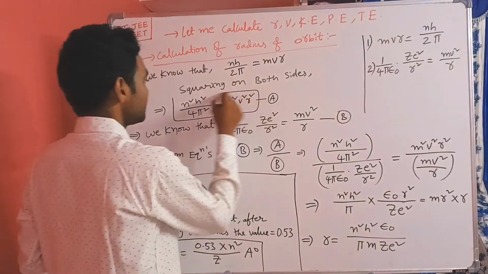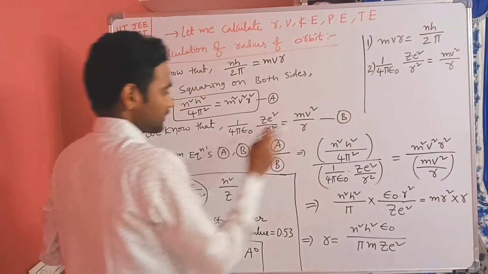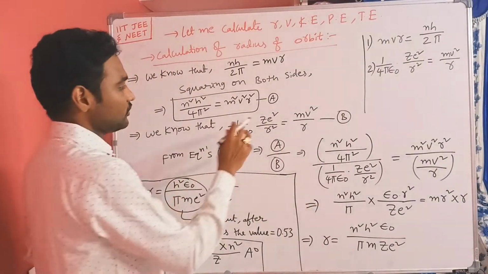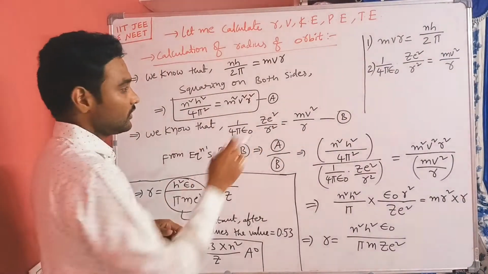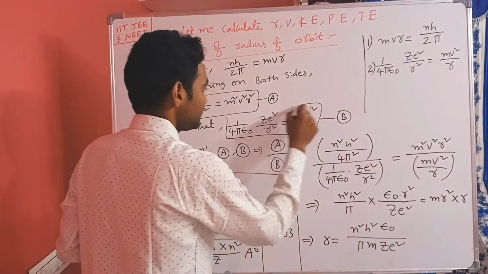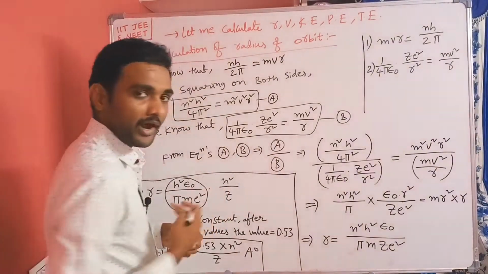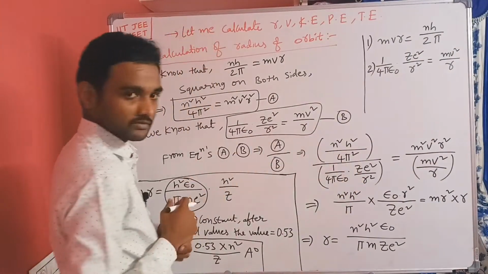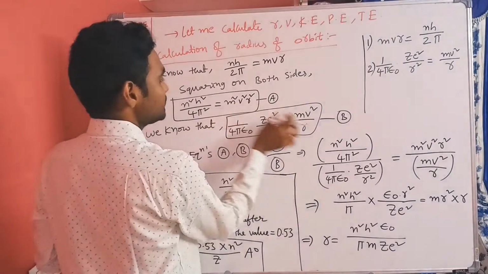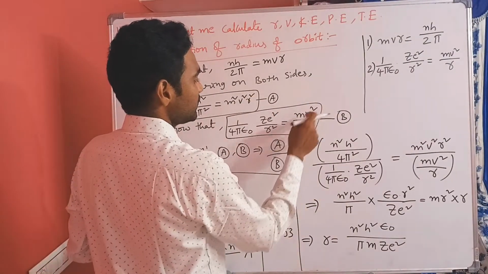It is equation number A. Next we know the second one, 1 by 4 pi epsilon naught into z square by r square is equal to mv square by r. It is equation number B. Now from A and B equations, I have to do A by B, this one by this one: m square v square r square by mv square by r.